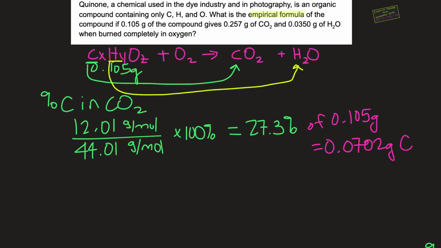So this is a big X, and then we have 0.257 grams of the CO2, and then we can figure out the grams of carbon in the CO2, which also equals the grams of carbon in the unknown compound. My apologies, and then I screw up again in the next one.